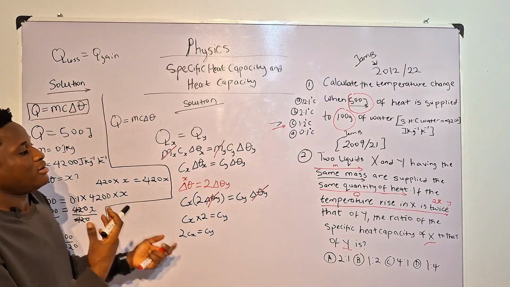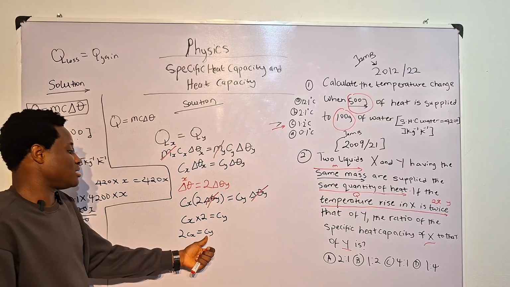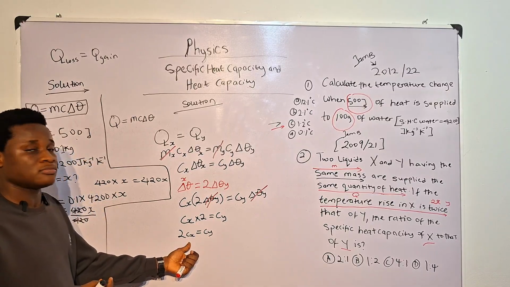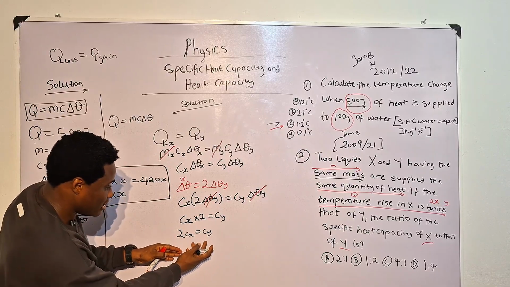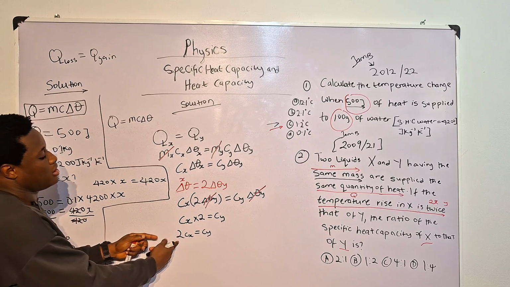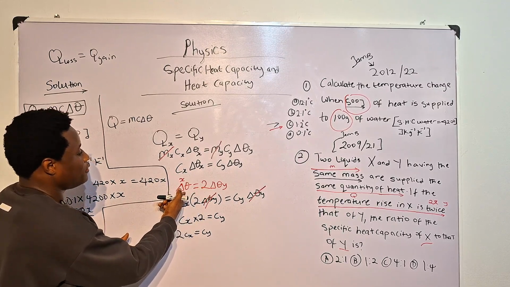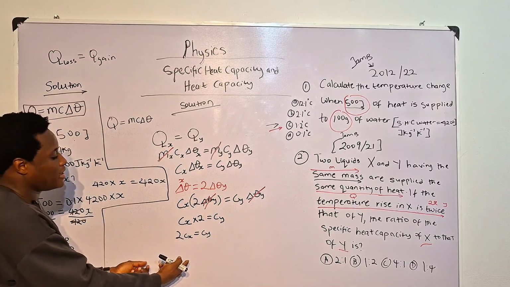Now, because they said what is the ratio? The specific heat capacity of Y is now 2 times that of X. You get? The specific heat capacity of Y here is now twice that of the specific heat capacity of X, just like what we did here. We said that the change in temperature of X is twice that of change in temperature of Y. So the same thing we're applying here now.